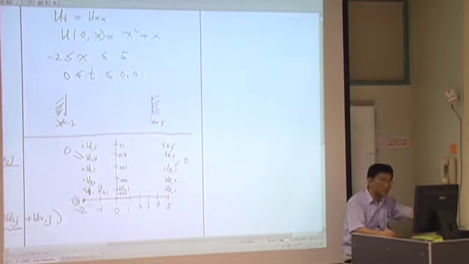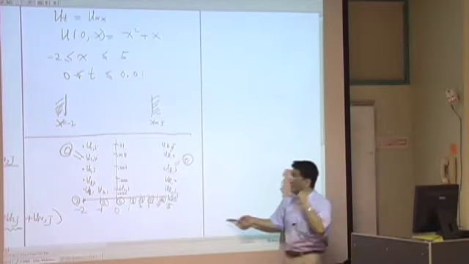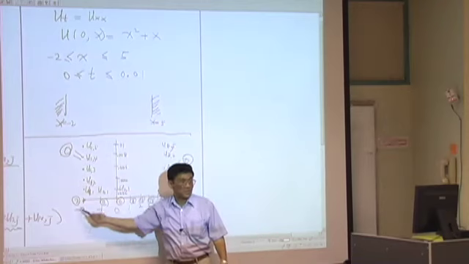So I will use a circle to represent the value. What is this value? 0. What is this value? 0. What is this value? 2. What is this value? 6 and 12, and 20 and then 30, right? So we know the values like this. Do you follow me?